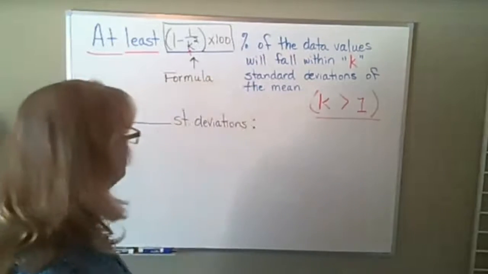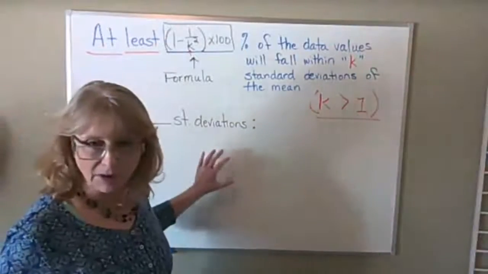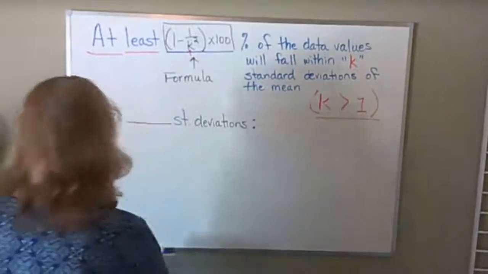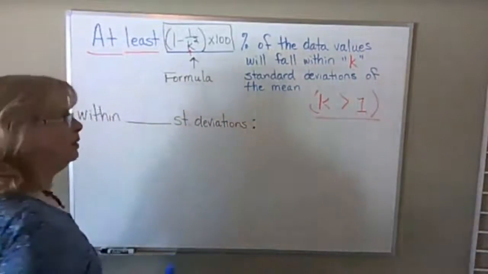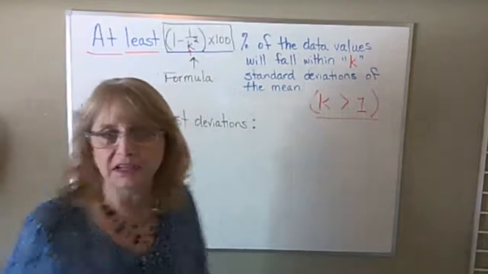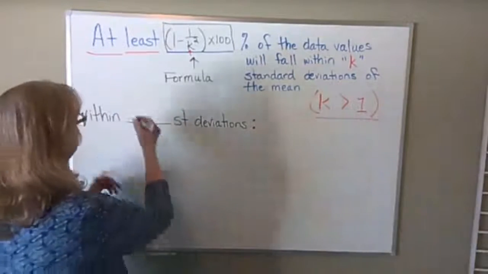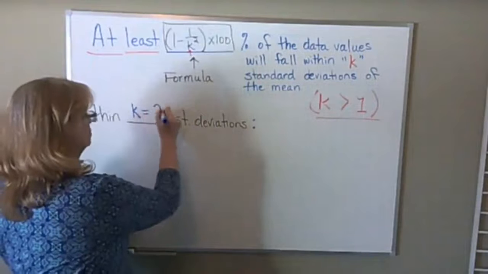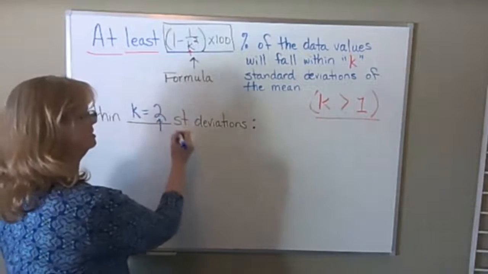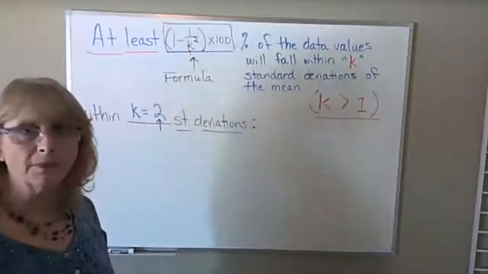So what I want to show you is I'm going to give you a couple of examples of how this works. So let's pick a number bigger than 1 that's pretty easy to do. Let's say within k equals 2 standard deviations.